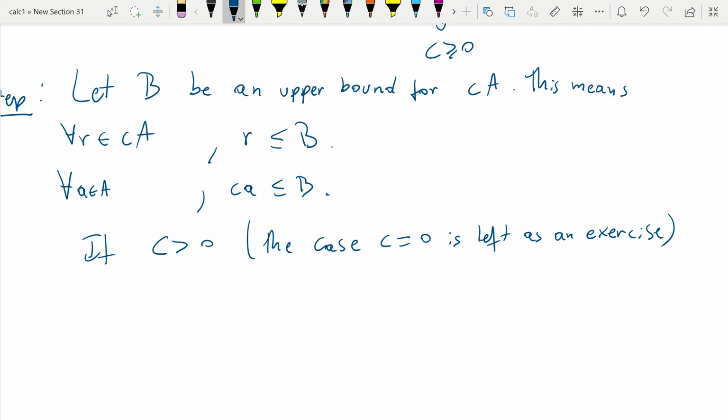But if C is greater than 0, then we can divide by it. Remember, C is positive, so we're going to preserve the same inequality. And why do we divide by C?